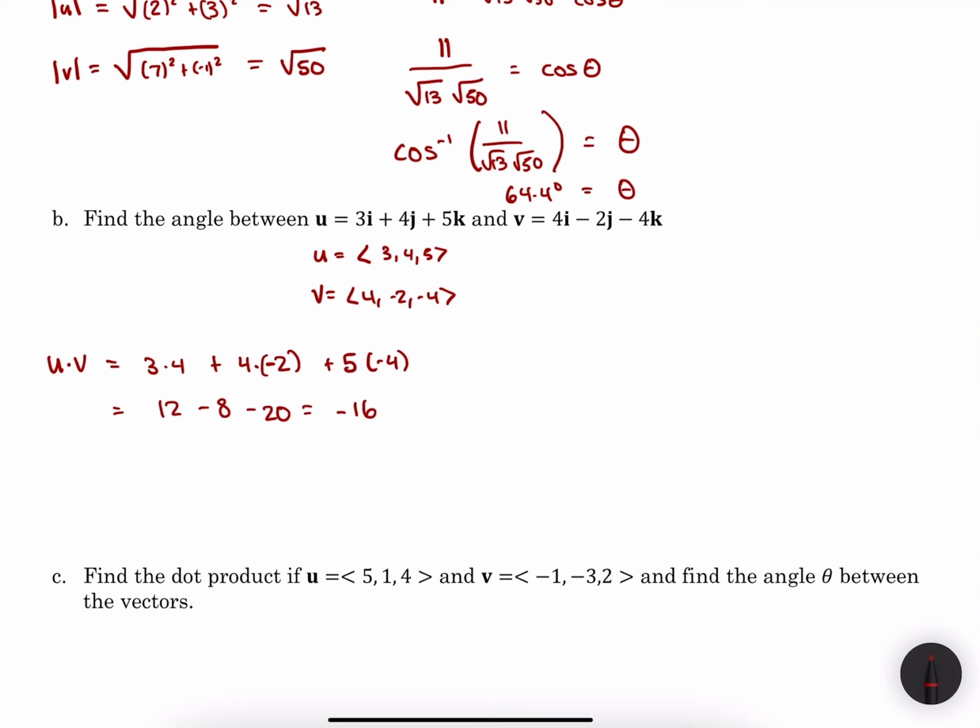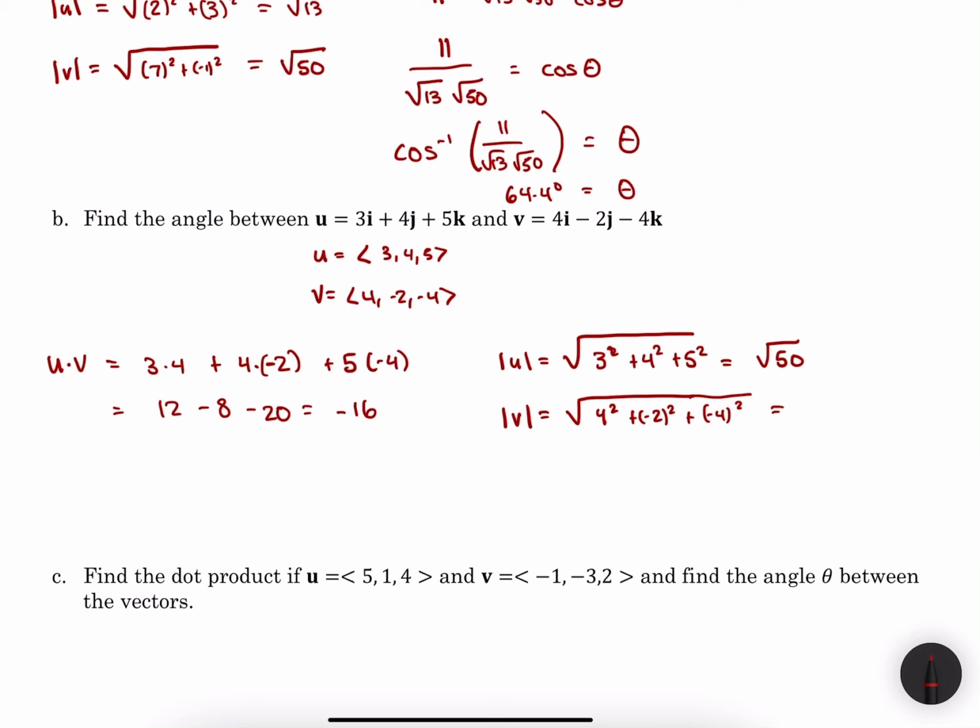Okay. And then the magnitude of u is equal to the square root of 3 squared plus 4 squared plus 5 squared. So that's 9 plus 16 plus 25, which is the square root of 50. And the magnitude of v is the square root of 4 squared plus -2 squared plus -4 squared.